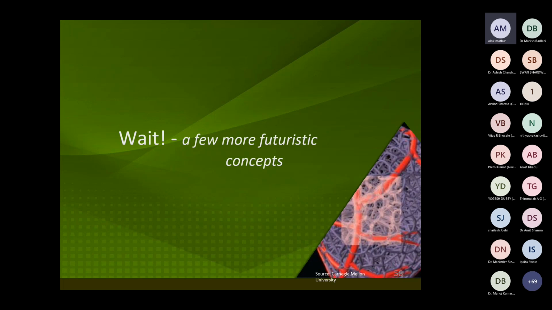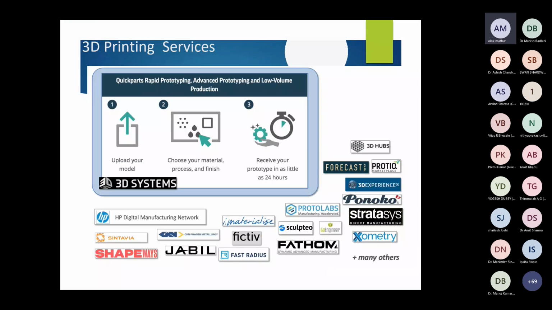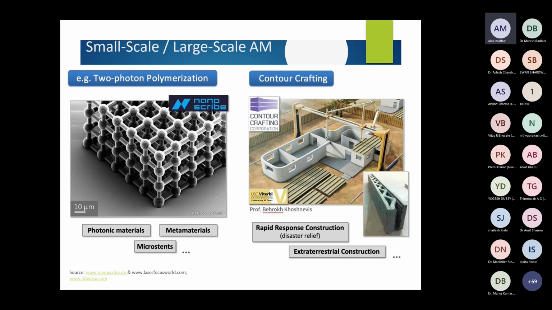Now a few more advanced things. What are advances? You can see small scale and large scale additive manufacturing. This may be large scale.